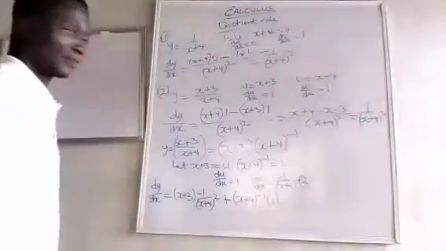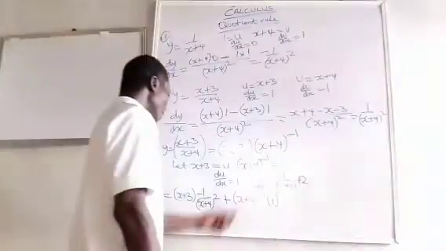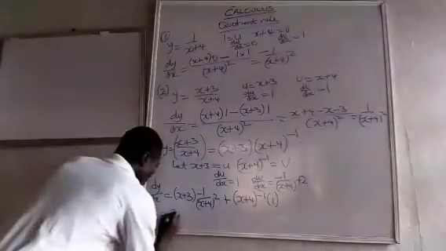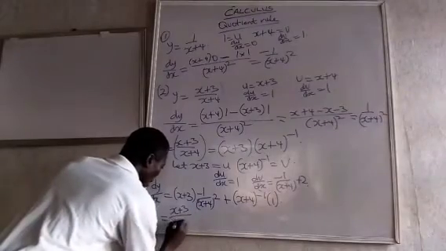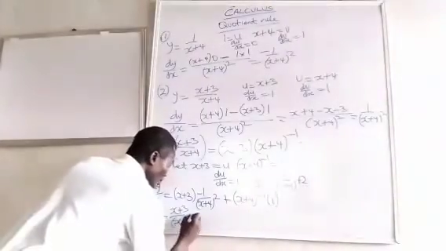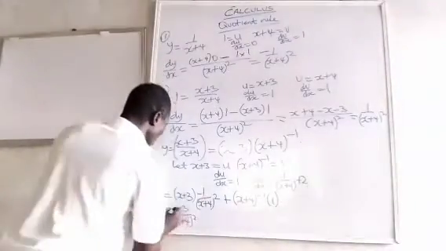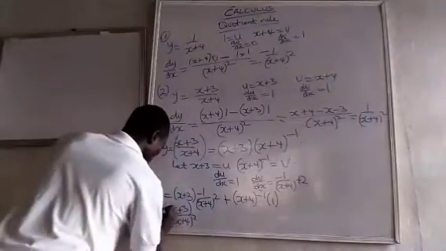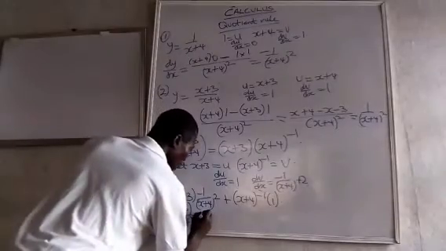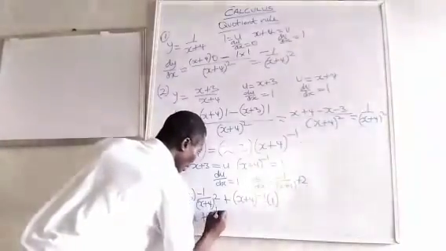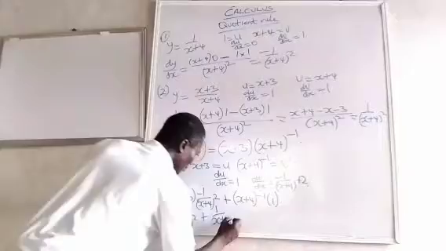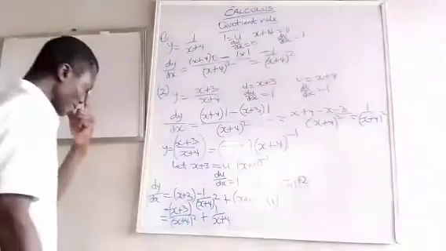Now, I can write this as minus x plus 3 over x plus 4 all squared, plus 1 over x plus 4. You can see what I'm getting now.